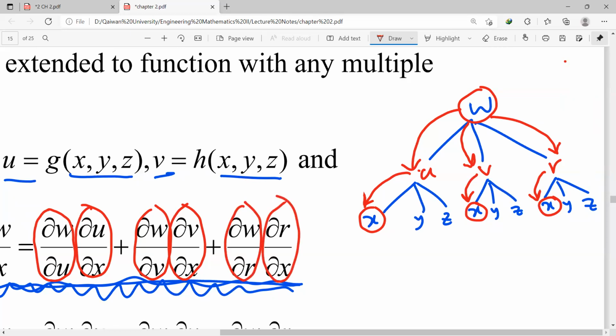That's the rule. For y and z, it's the same.